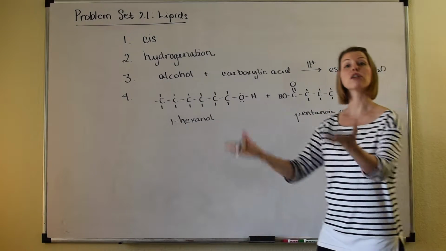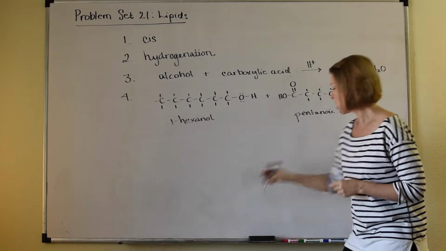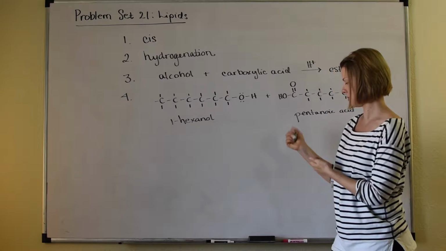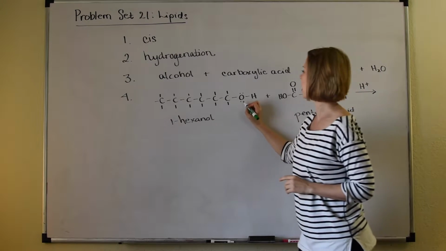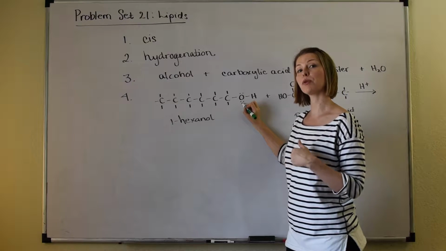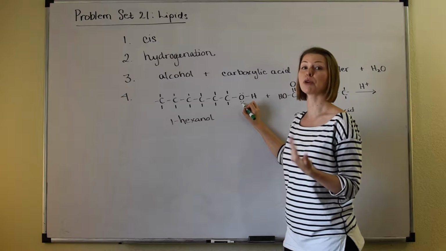So you might already know this is going to form an ester, but what ester is going to form? Well, let's go ahead and use a different color here. Okay, let's use a green pen. So again, just drawing this arrow to help you remember what bond forms and to help you remember what bonds are going to break.